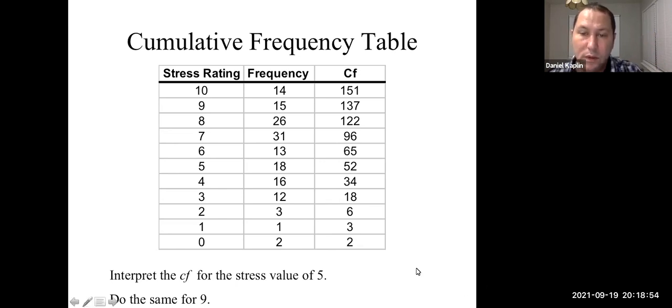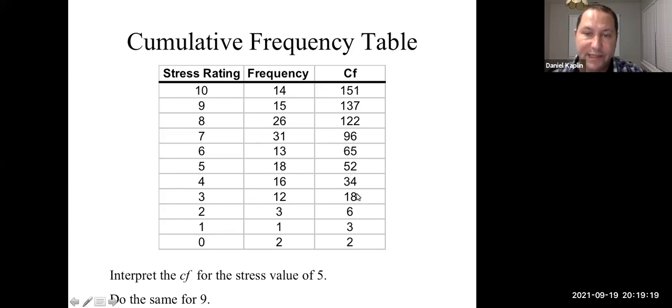Now, you'll notice that we're going to work our way up the cumulative frequency table. So 2 plus 1 gives us 3. 3 plus 3 gives us 6. All I'm doing is adding whatever number is here with the next one up. So 6 plus 12 gives us 18.